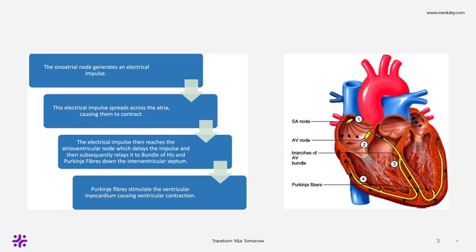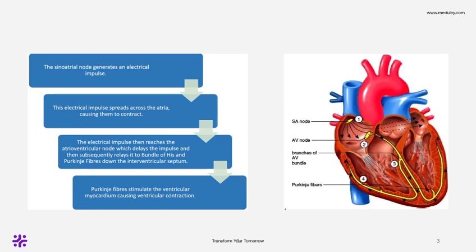From the atrioventricular node, the electrical impulse moves to the bundle of His, and from there to the Purkinje fibers, causing the conduction and the ventricular contraction. So here the SA node is the major pacemaker cell, and the others, that is the AV node, bundle of His, and the Purkinje fibers, are the latent pacemaker cells. I hope you understood the cardiac conduction till here.